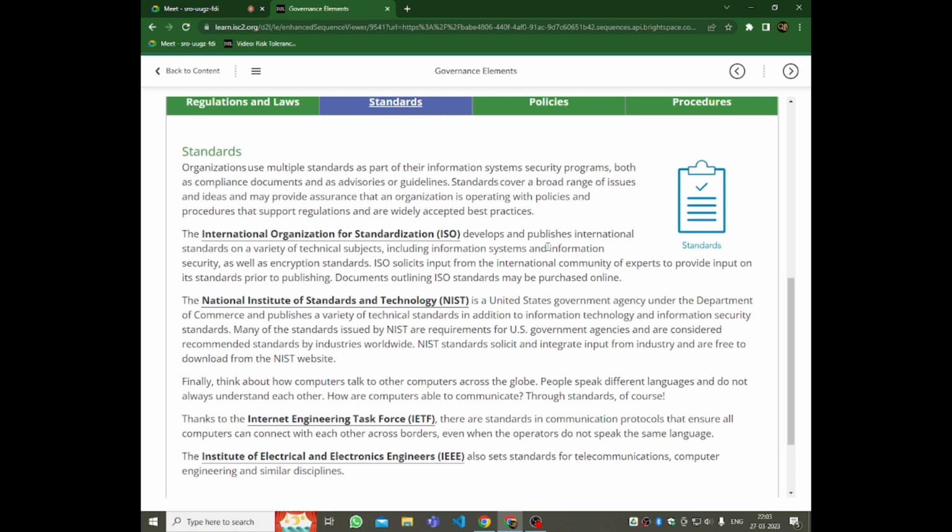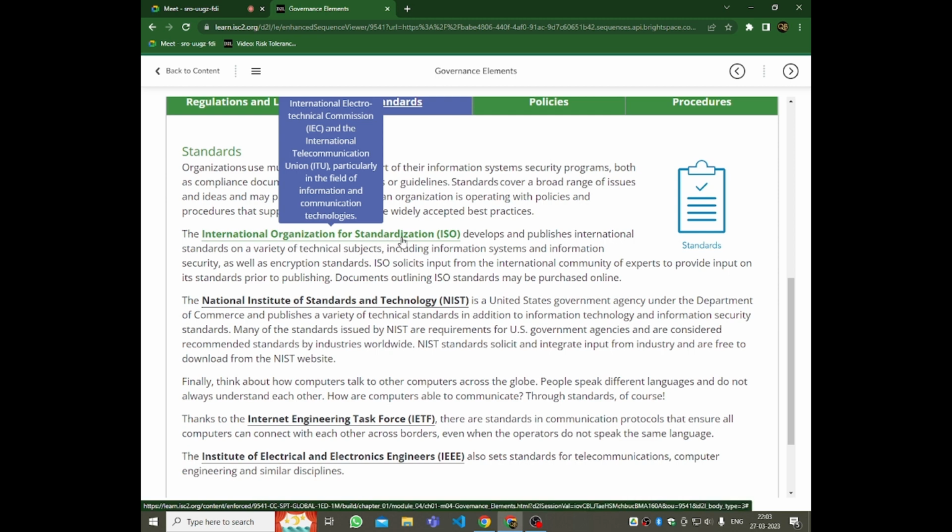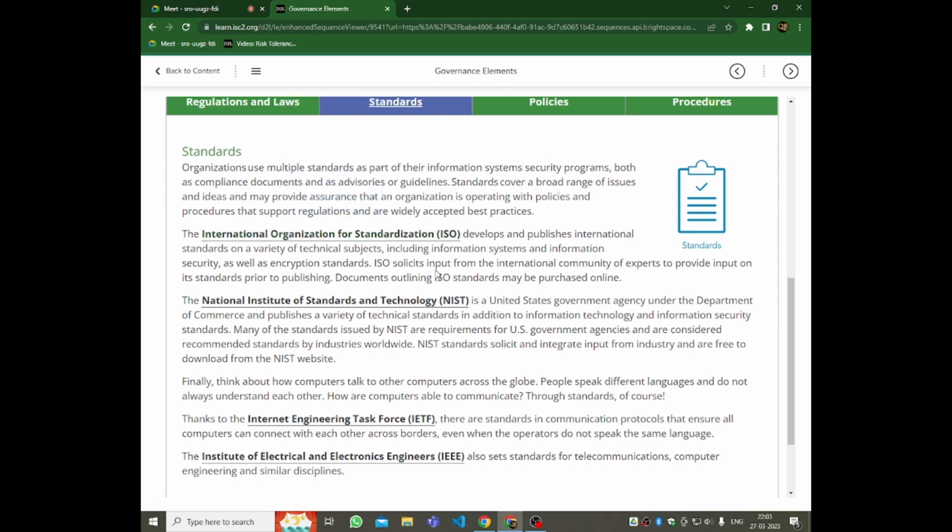develop and publish international standards on a variety of technical subjects, including information systems and information security, as well as encryption standards. ISO, the International Organization for Standardization, solicits input from the international community of experts on its standards prior to publishing.